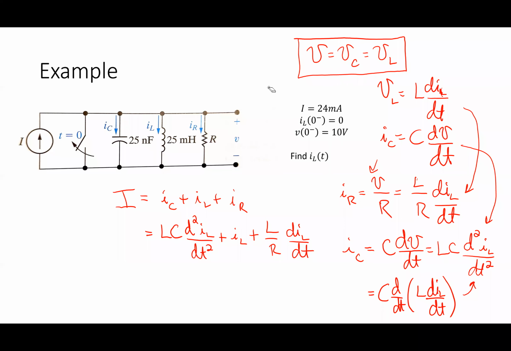I'm still kind of stuck on the substitution you do on IC. I know IC is C dV/dt. I'm just not seeing where the L d squared IL by dt squared is coming from. Well, we could pull this offline if we have to, but V equals L di/dt.